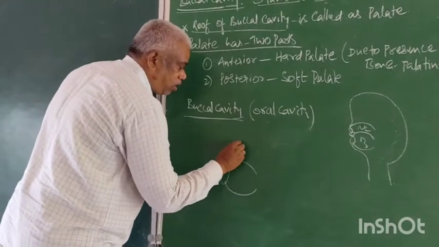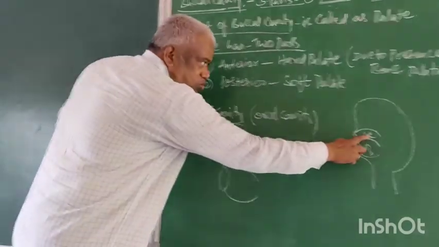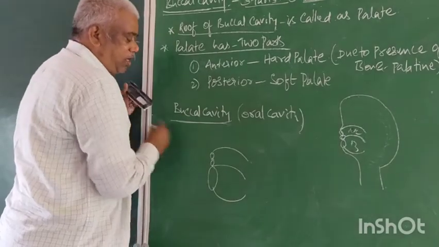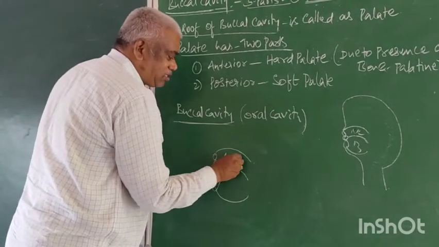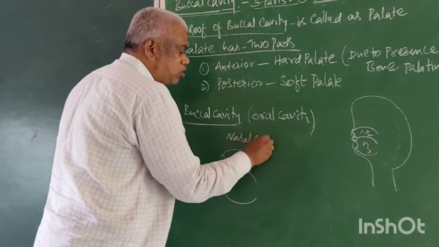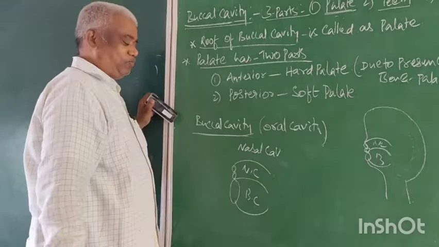Now these two parts are enlarged. This is the total head region. This is NC, the nasal cavity, and this is BC, the buccal cavity.